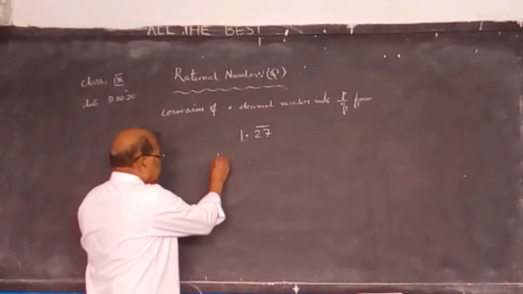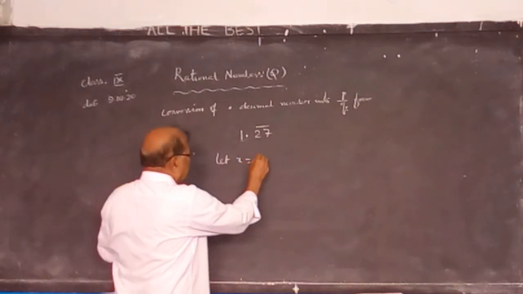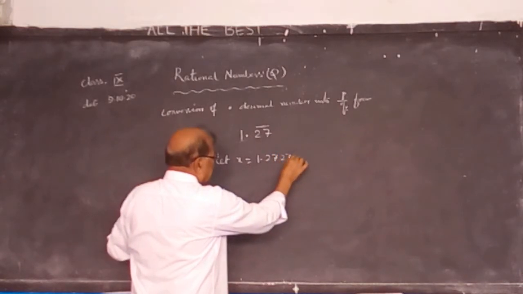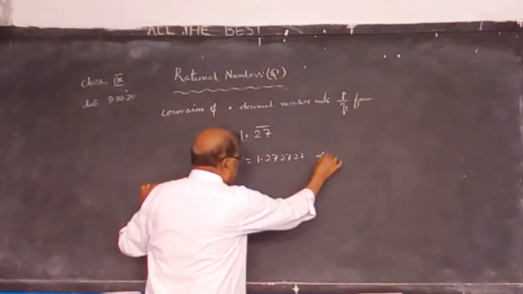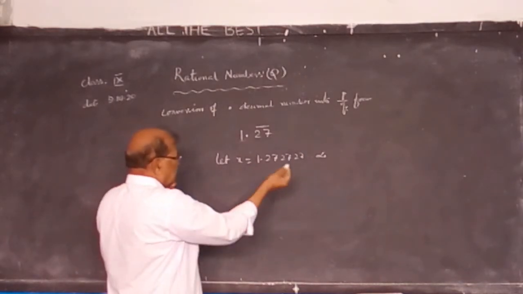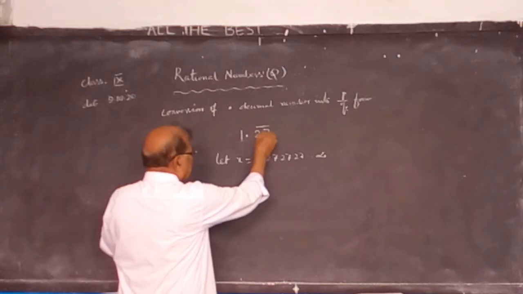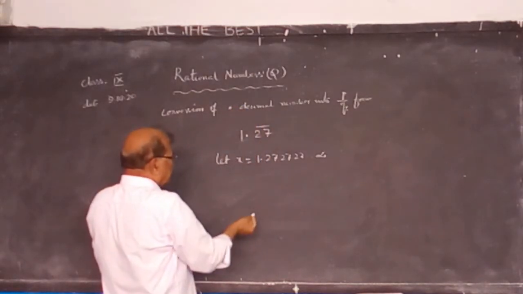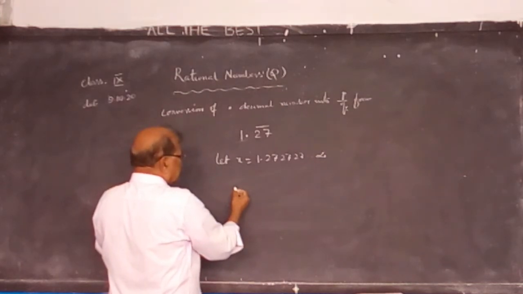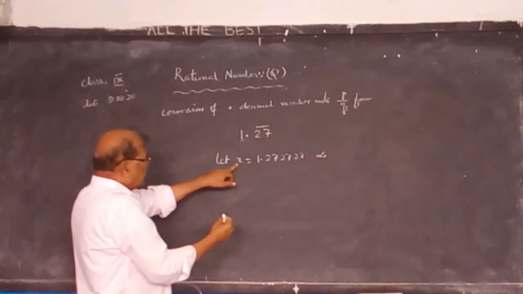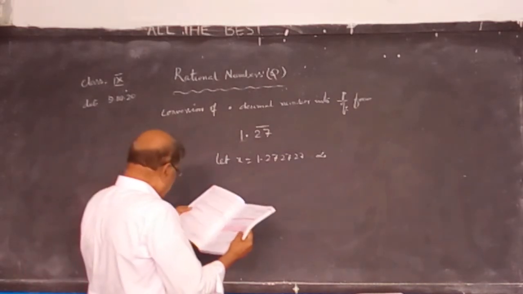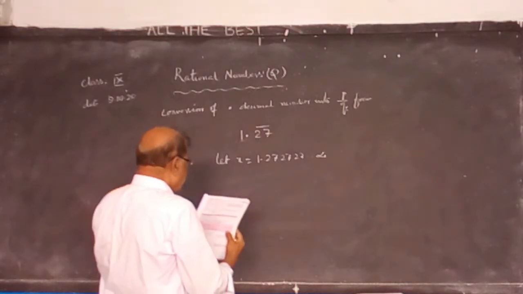Let us suppose the value of 1.27 recurring, 1.2727 up to infinity, is x. Now, how many digits are recurring? Two are recurring, so multiply with 100.